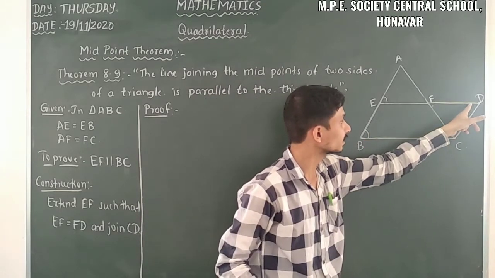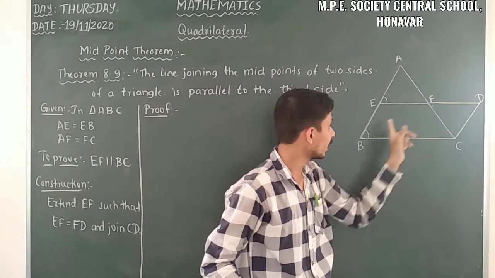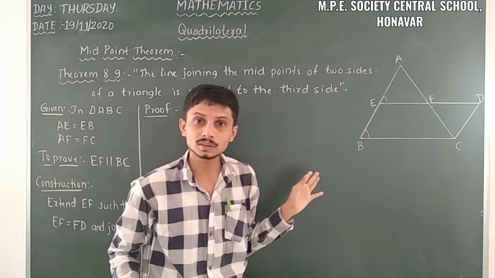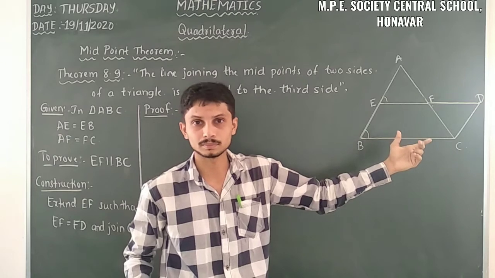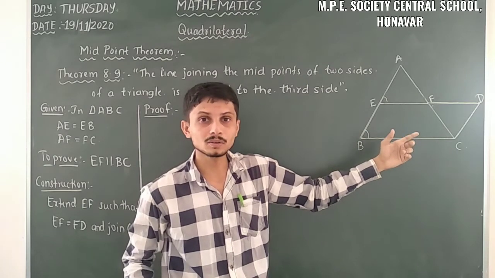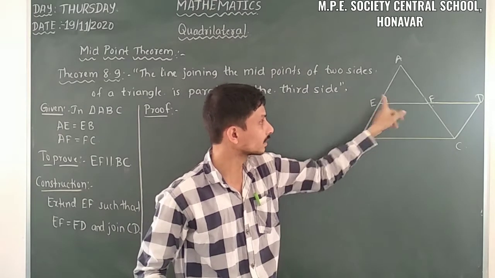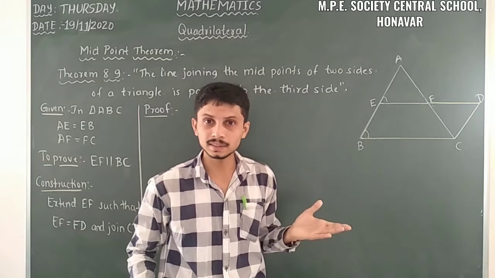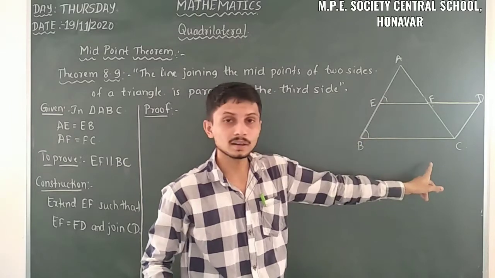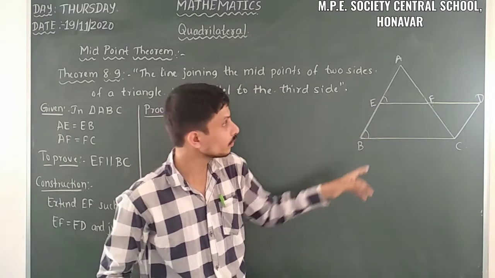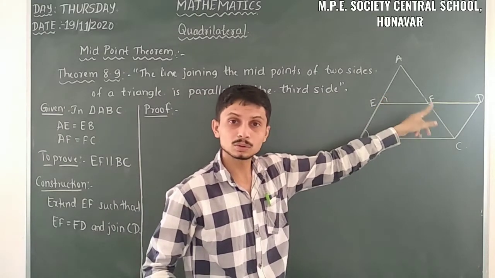Then this angle and this angle are equal because it's a parallelogram. So we have to prove these two angles are equal, then we can easily take EF is parallel to BC. So that's why we have to take these two triangles.